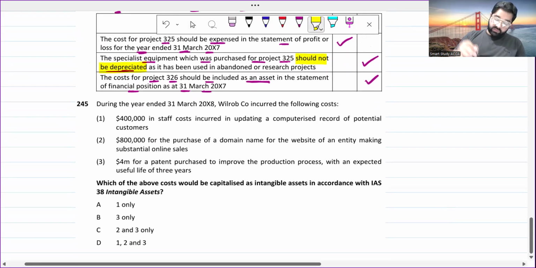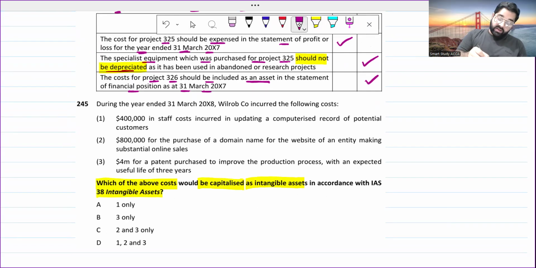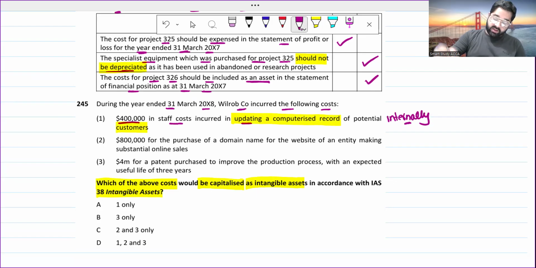Now the last one. Which of the above costs would be capitalized as an intangible asset in accordance with IAS 38 Intangible Assets? During the year ended 31st March 2008, Wellrope Company incurred the following costs: 400,000 in staff cost incurred in updating a computerized record of potential customers. It is an internally generated customer list, so it cannot be capitalized. 800,000 for the purchase of a domain name for the website for an entity making substantial online sales.